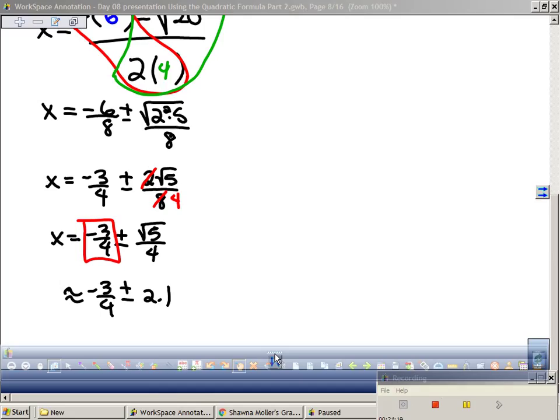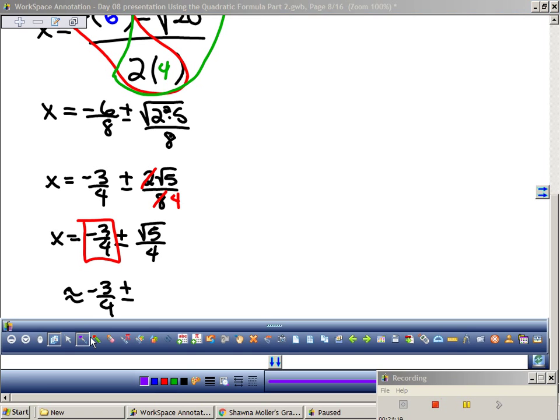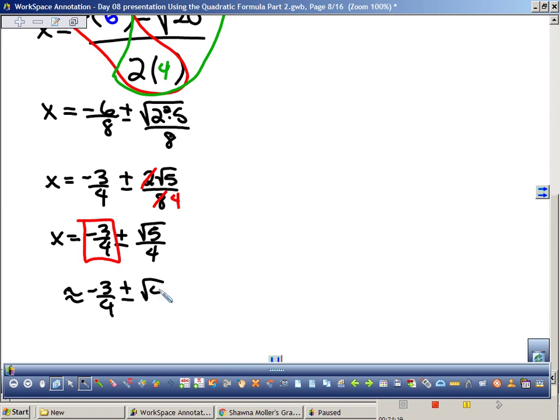Right? So what's the square root of 4 divided by 4? What's that? A half. Right?